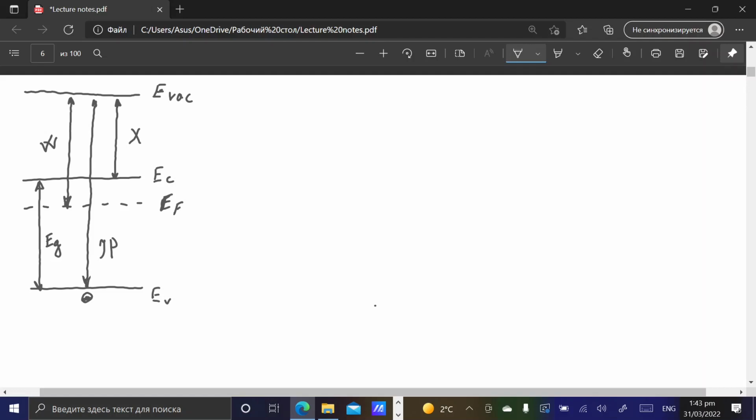Which of these four parameters are features of the material itself? Features of the semiconductor material? Energy band gap, yes. And work function, maybe this. So, other suggestions?